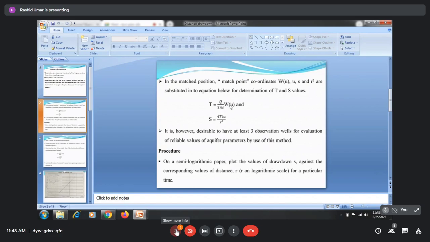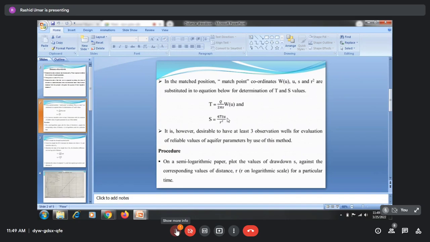This is the well function, this is the discharge of the well, and this is the final drawdown which we have selected. And S is equal to 4Ttu upon r square. So T is transmissivity, and t is the time at which the drawdown was recorded. Suppose it is 24 hours, so this t means 1440 minutes.